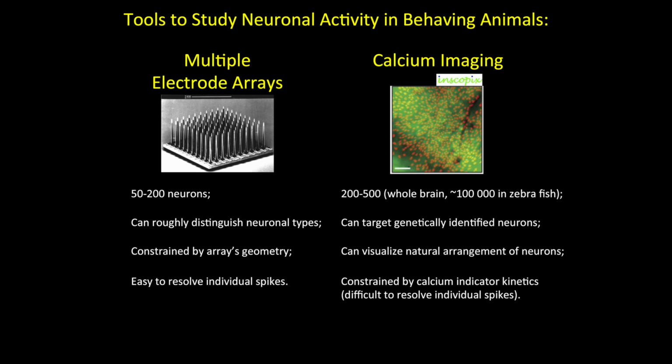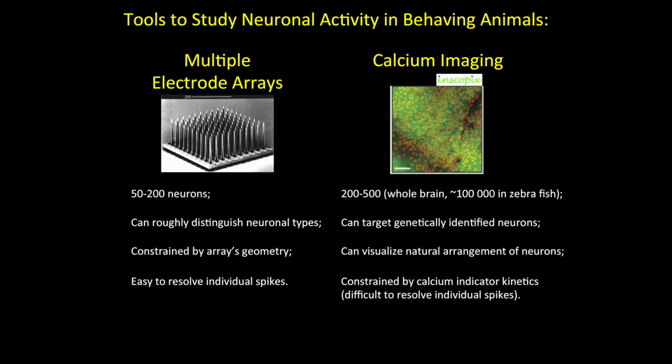The two techniques are comparable at the moment, as used in an everyday lab, in the number of neurons you can study at the same time. However, it seems that calcium imaging has a higher upper bound on the number of neurons you can record. For example, it's been recently demonstrated that you can record every neuron in the brain of a vertebrate animal.